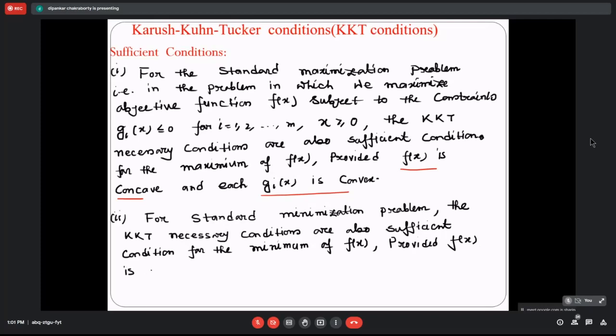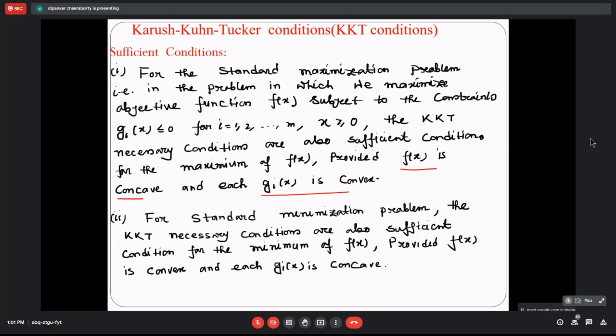Convex. Very good. Convex. And what will be the constraints' nature? Concave. Exactly. g_i(x) is concave.